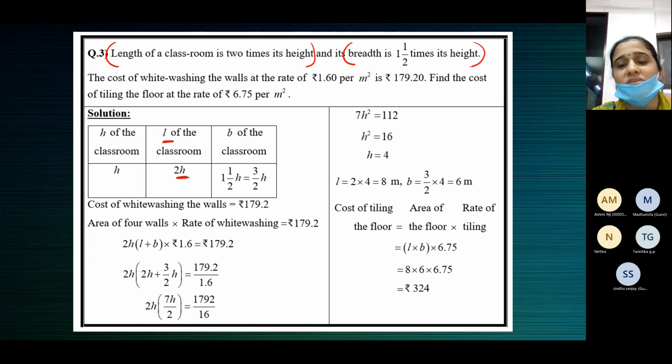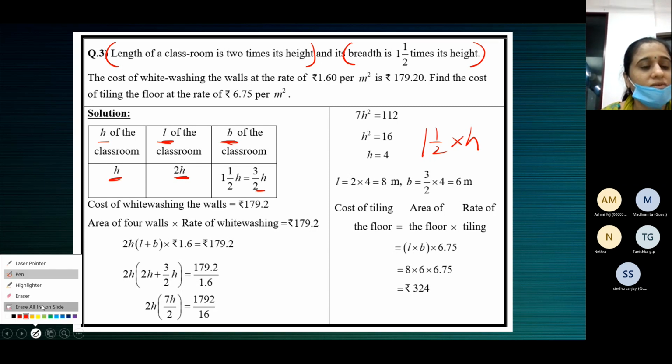So what is the breadth? 1.5 times meaning 1.5 into height, so 3 by 2 h. And the height is h.